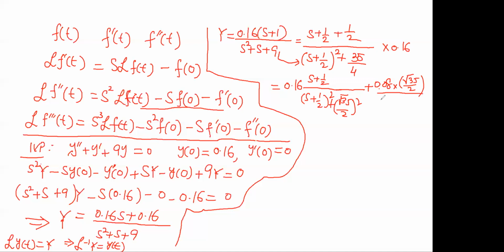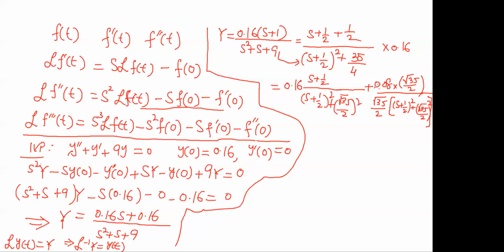And similarly, under root 35 by 2, I divide it over here, and then I can write it like this: s plus 1 by 2 squared, and then under root 35 by 2 squared. And then over here, I will close the bracket. My space is really very narrow over here.